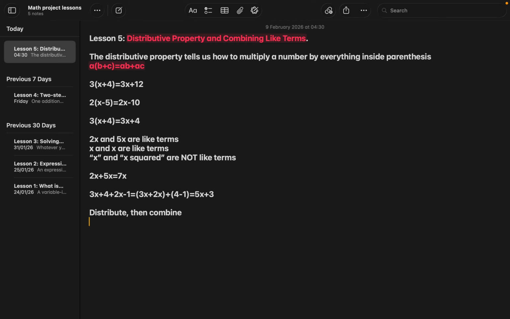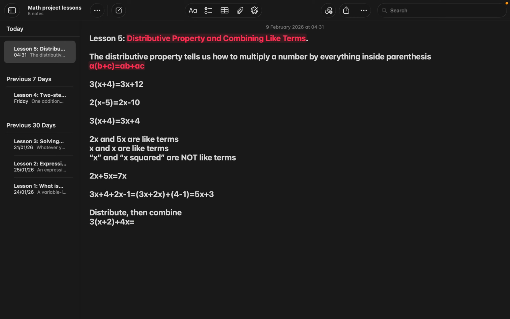We have to simplify 3 times the quantity x plus 2, plus 4x.